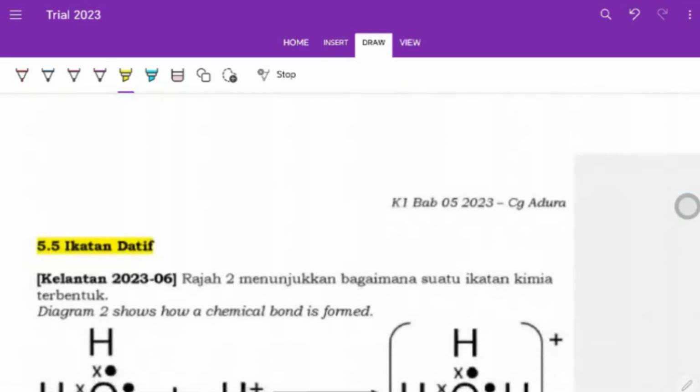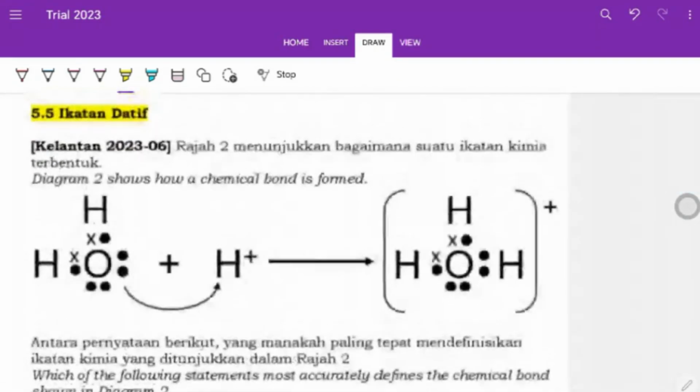Next, dative bonds. What is meant by dative bond or coordinate bond, class? Coordinate bond means you can see this hydrogen has no electrons because it has already given them to others, so it is empty. That's why it has positive 1, right?